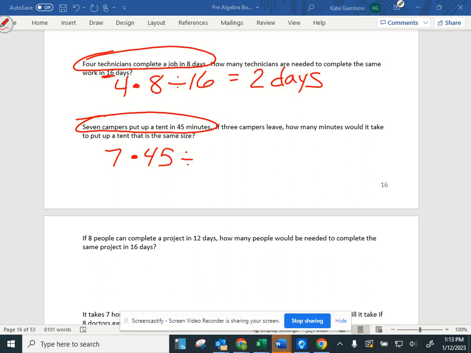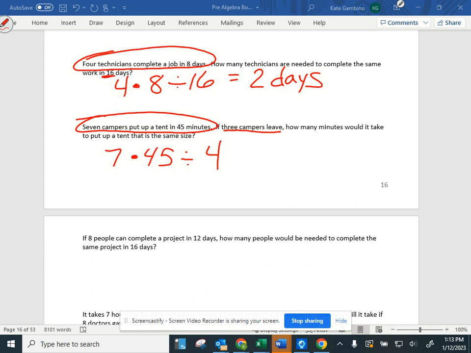Why 4? 4's not in my problem. Because 7 campers in the beginning, but then it said if 3 campers leave. If 3 leave, how many campers are left? So we had to do that math. 3 campers leave, that means we're left with 4 campers doing the work.